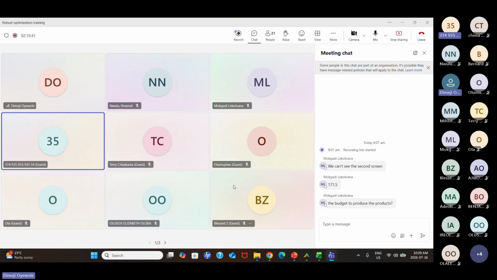But for robust optimization and some other uncertainty analysis, you can put your tolerances for each of the parameters or quantities that you want to subject to change at the same time. And robust optimization will give you a solution that satisfies all the tolerances at the same time.